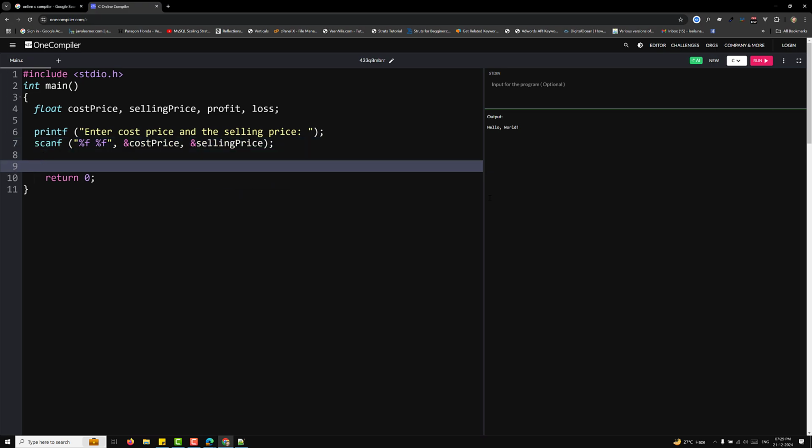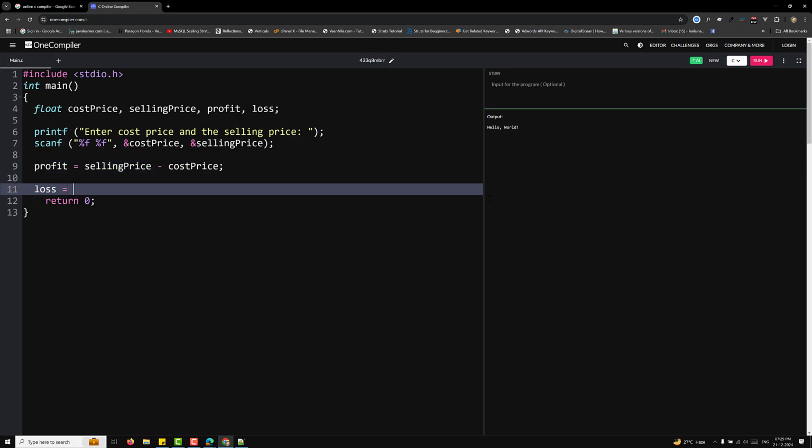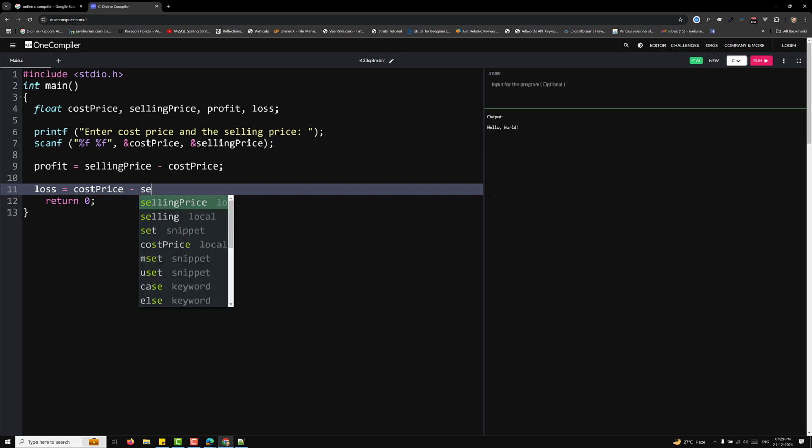So these are the two variables which we will be getting. Now we need to calculate the profit. Profit is equal to selling price minus cost price, and the loss is equal to cost price minus selling price.